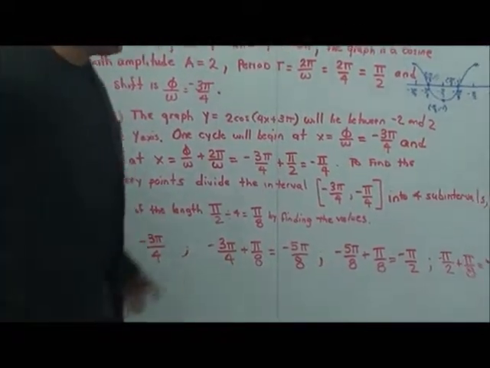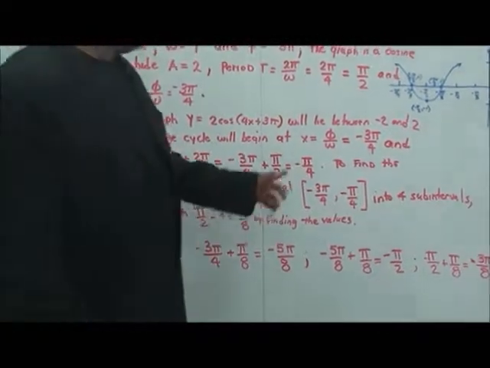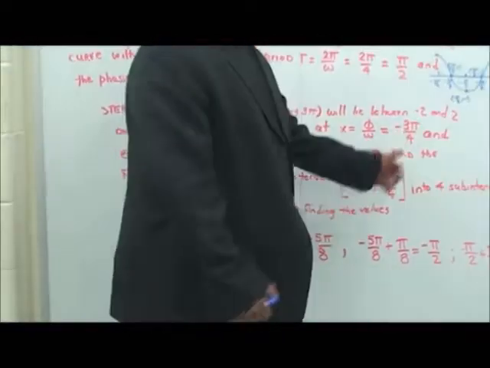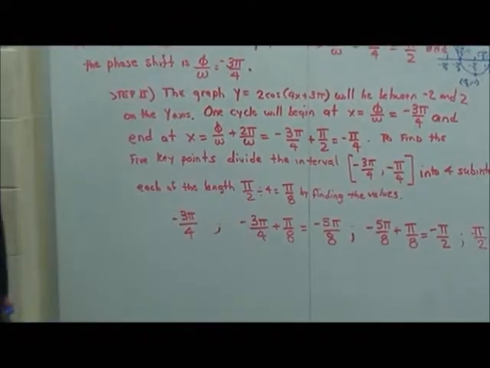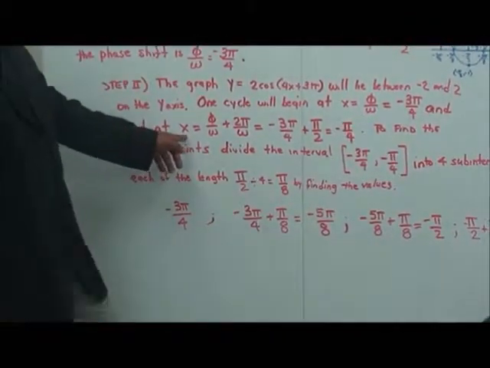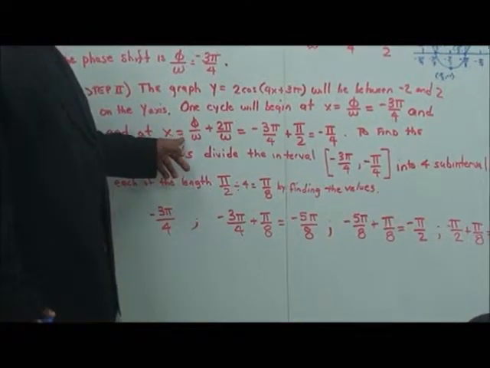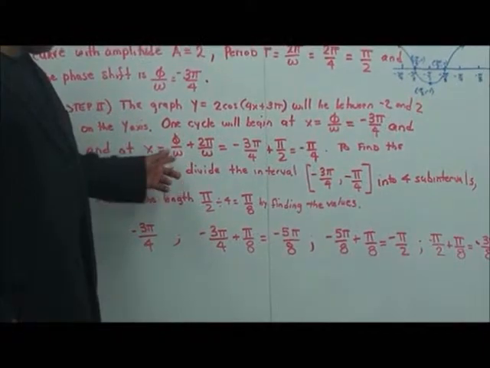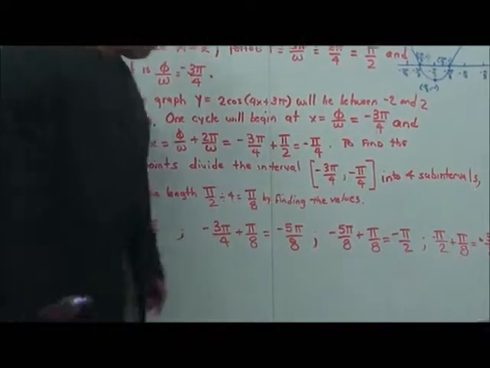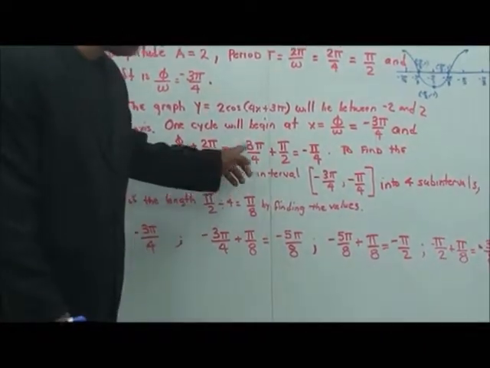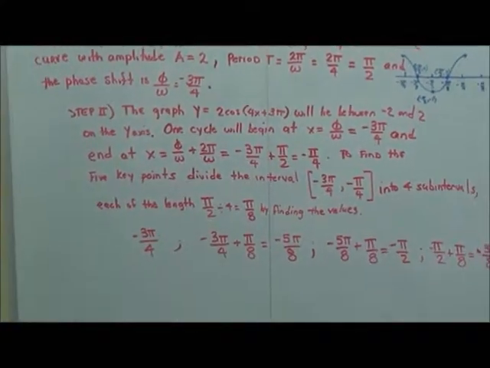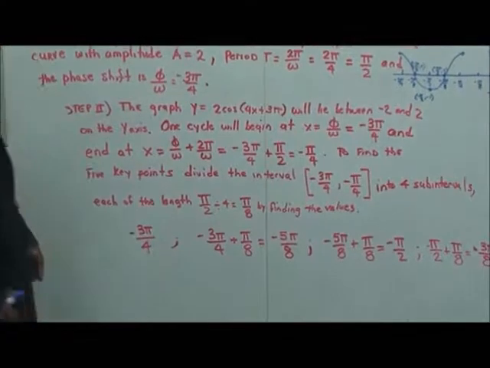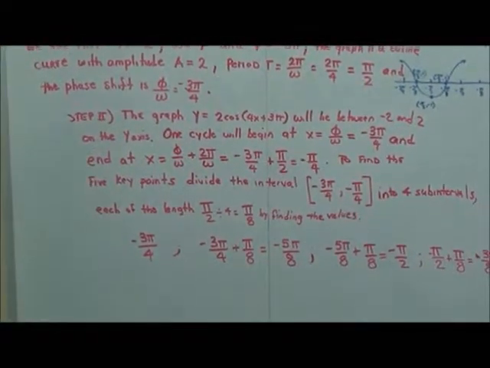Now, one cycle will begin at x equals phi over omega, which is negative 3 pi over 4, and end at x equals phi over omega plus 2 pi over omega, which is negative 3 pi over 4 plus pi over 2. That's going to equal negative pi over 4.